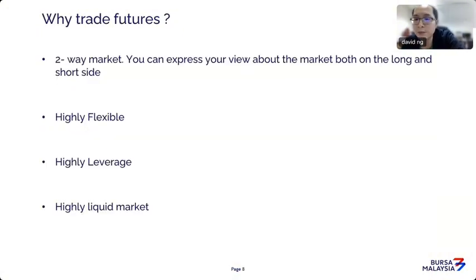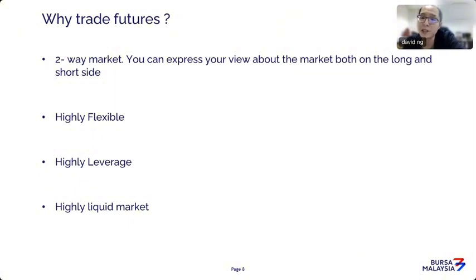Now, the benefits of trading futures, I think it's very clear cut. Futures is definitely an instrument that allows you to go both sides of the market, which means that if you want to express a view, for example if you're very bearish on the market, for whatever reason, it's difficult for us to short certain particular stocks, or to short a particular index.